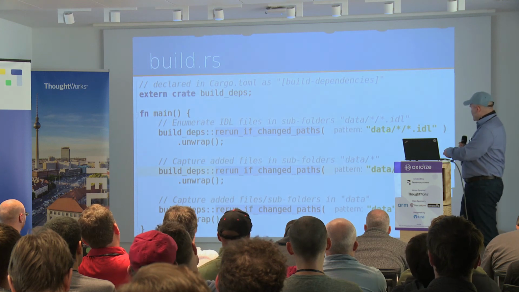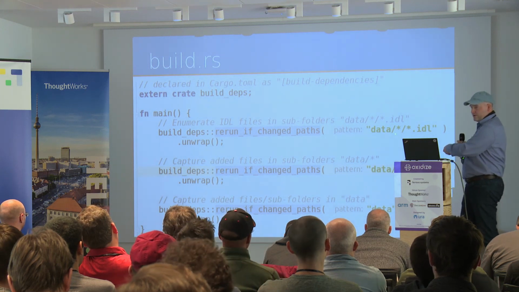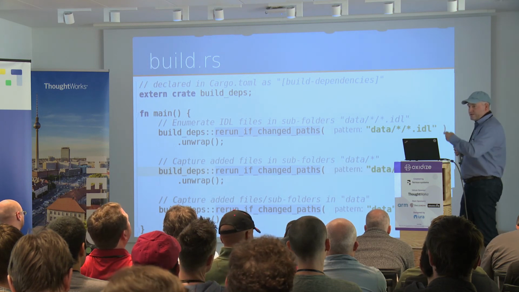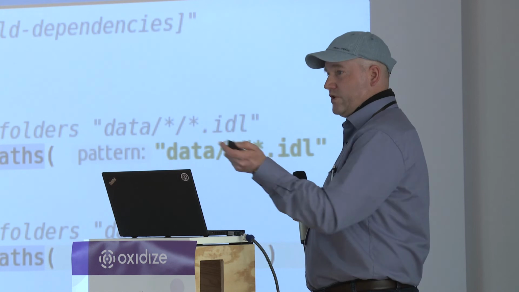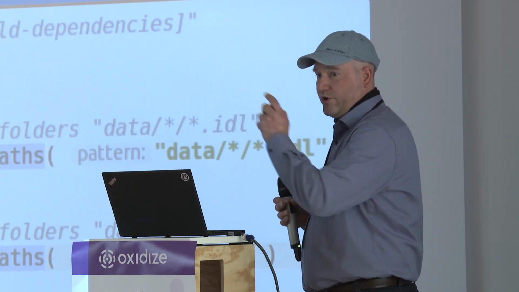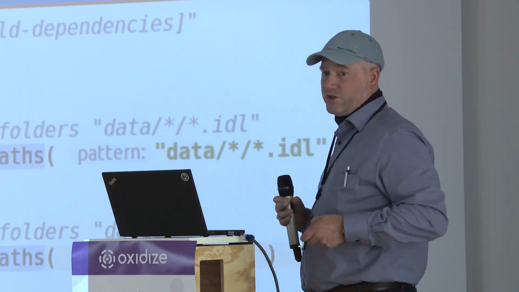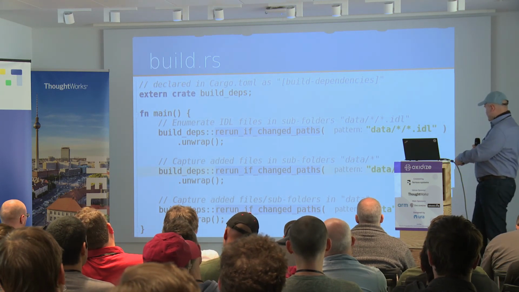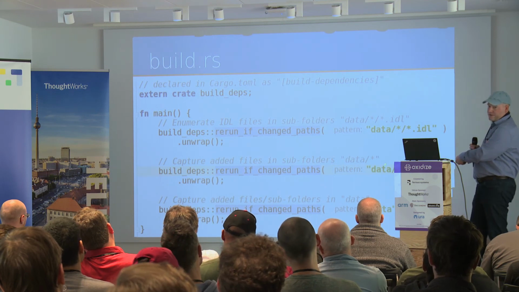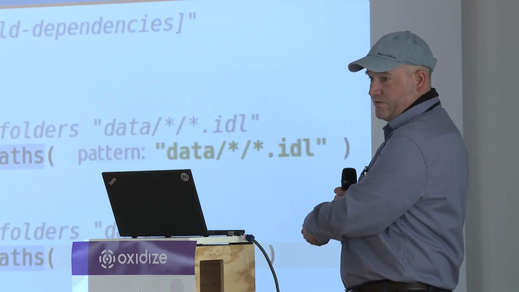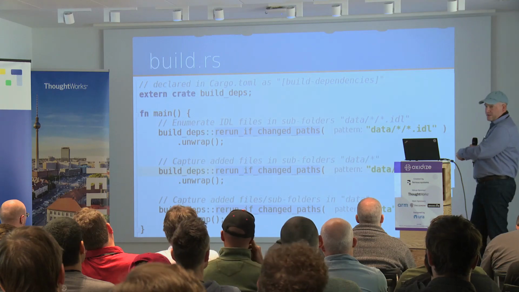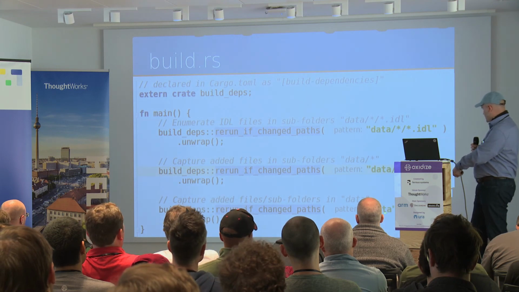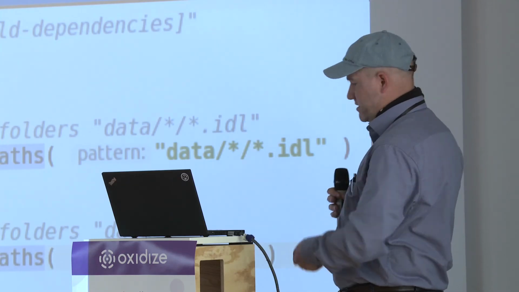This pattern will be expanded using the glob Rust library, and a for loop will iterate this list and, for every entry, print this rerun-if-changed command for Cargo to standard out. This one is intended for when a new subdirectory is added, so it will observe if any subdirectory is added to or removed from your test data vector. This one is similar, but for a similar directory.